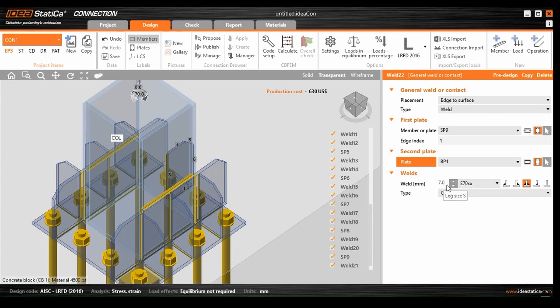So make sure that the thickness of the weld is 7 millimeter and it is a double fillet weld. So perfect.